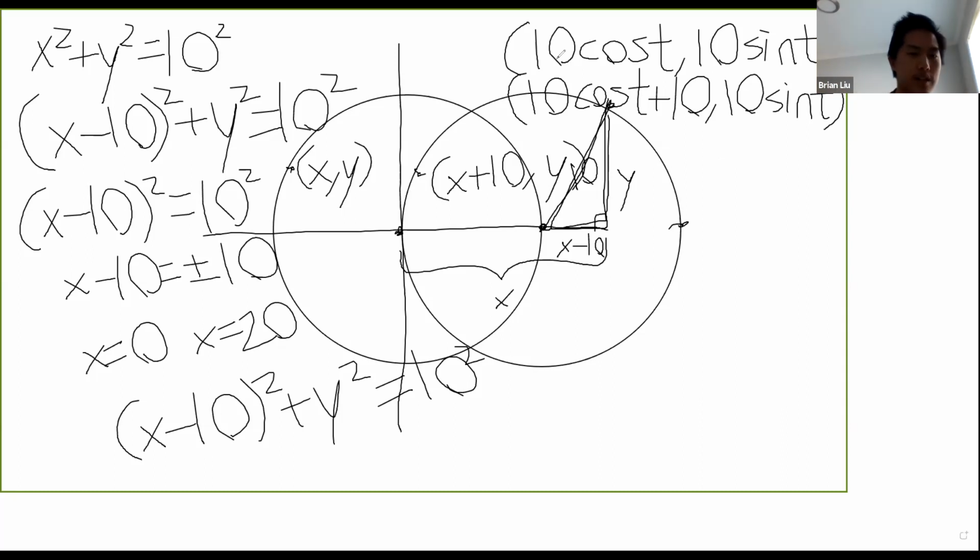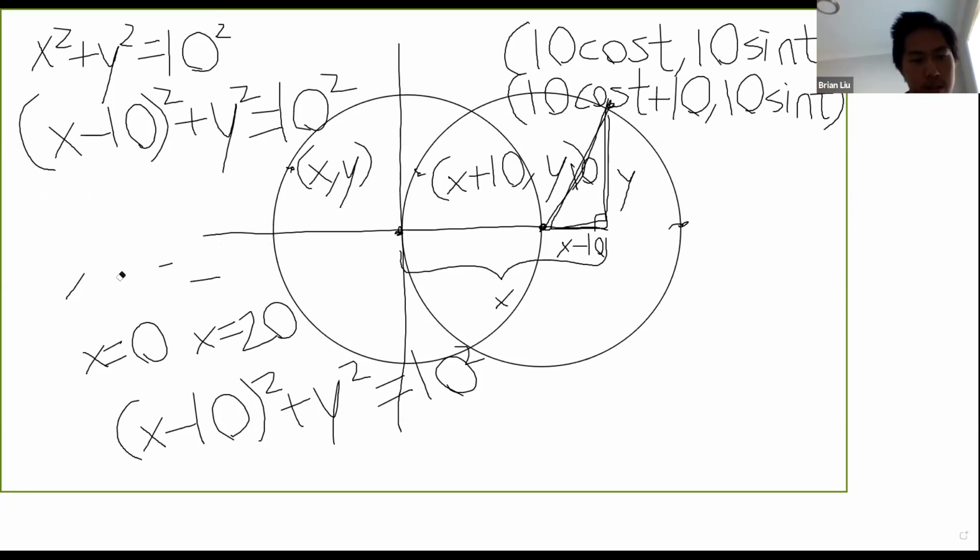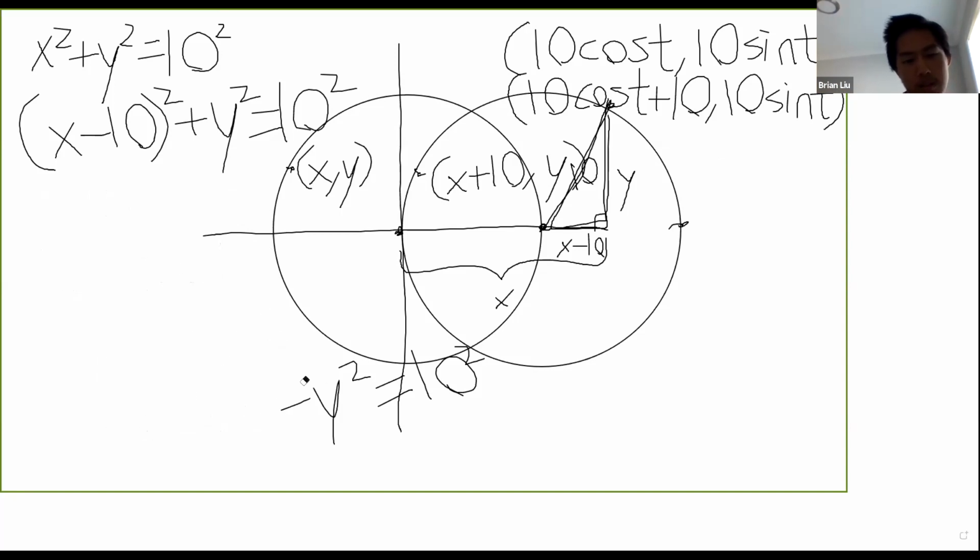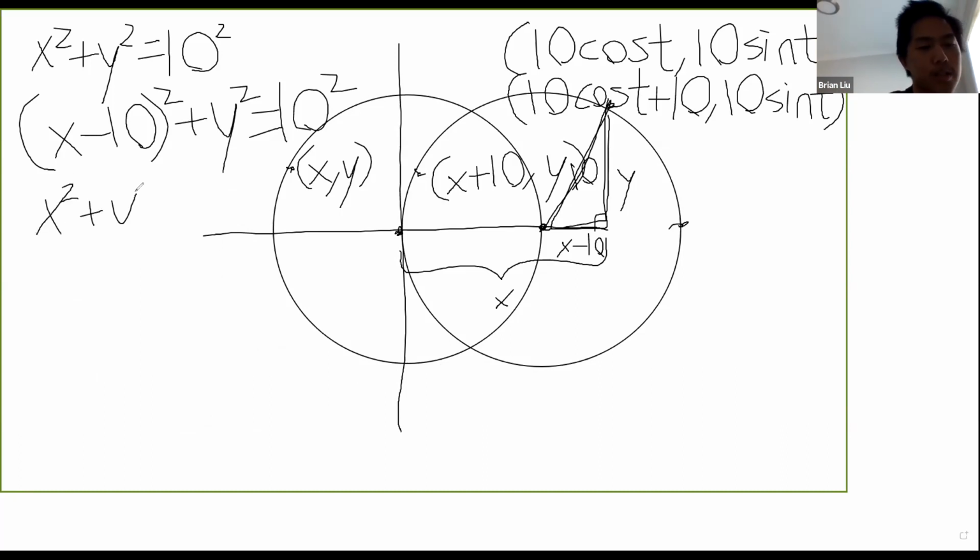And just in general, we have the form x squared plus y squared equals the radius squared for this equation right here.